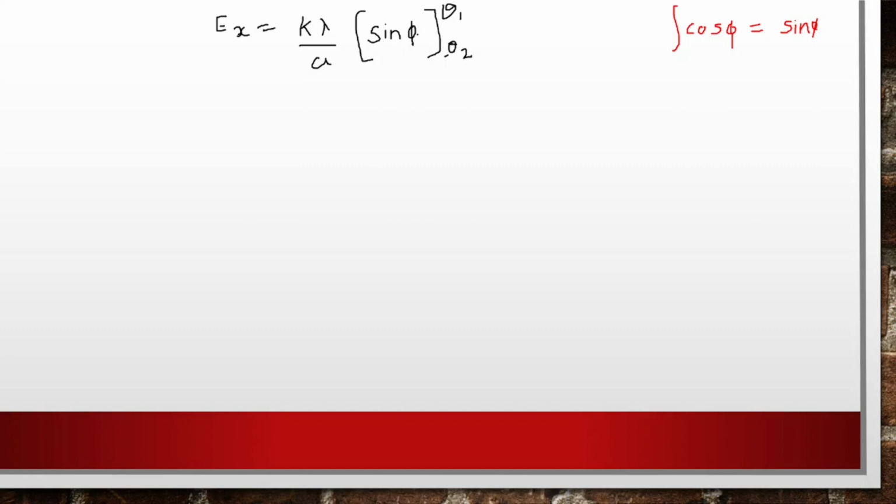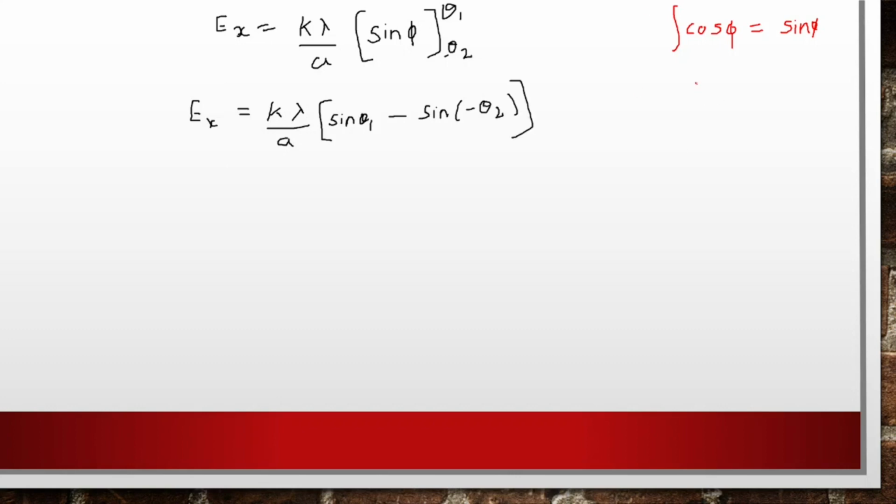Now let's apply the limits. That is, instead of phi we apply theta 1 and minus theta 2. First upper limit minus lower limit. So we get Ex is equal to k lambda by a sin theta 1 minus sin of minus theta 2.